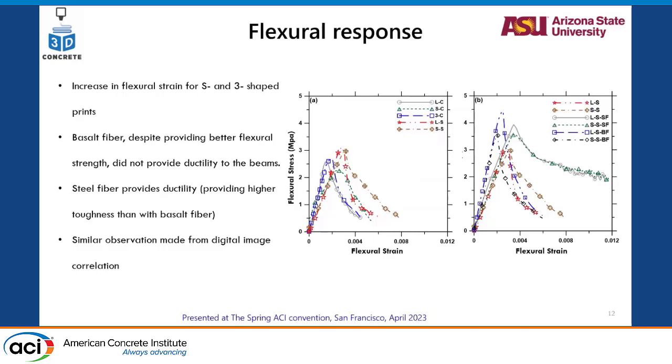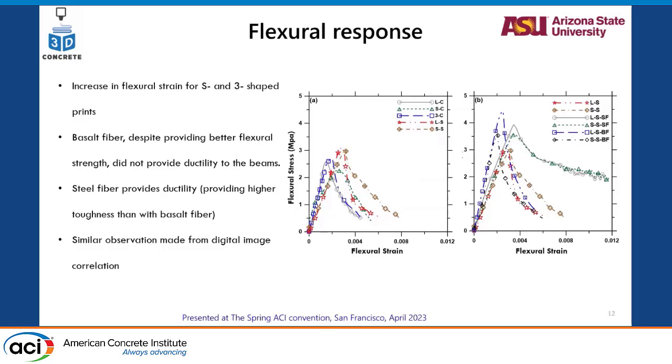The major thing we could see here is not only the stress capacity, but the strain capacity also is increased because of the change in geometries, change in layering style. We are getting into higher flexure strain without fibers also. With fibers, basalt gave us a higher strength beam, but a more brittle kind of beam; it did not allow it to attain higher flexure strain.